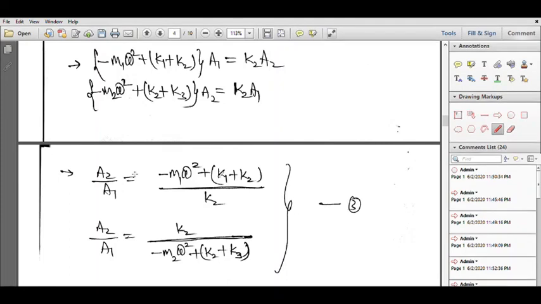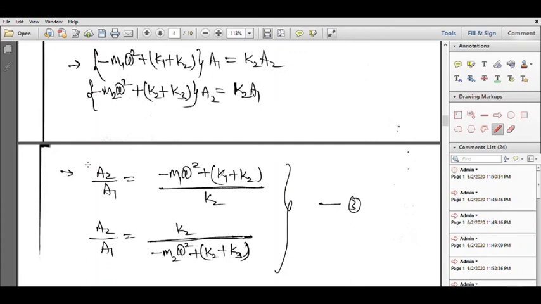So what is this a2 by a1? a2 by a1 is the ratio of the corresponding amplitudes of x2 and x1, right? These are the ratios of corresponding amplitudes of two different vibrational displacements of two different masses in the same system, right?